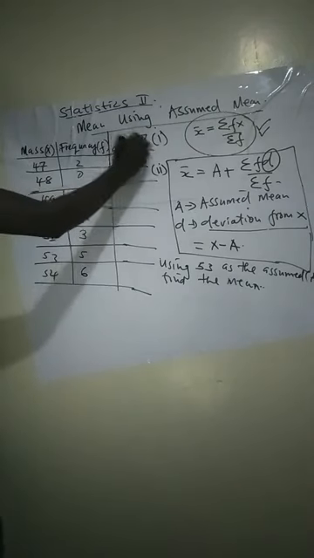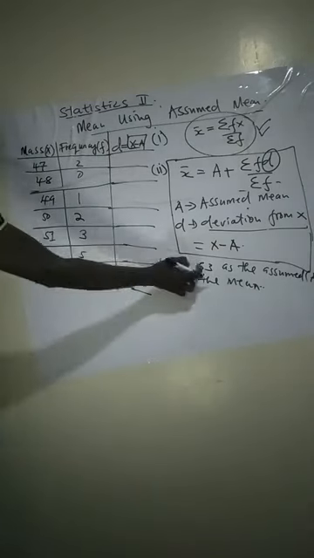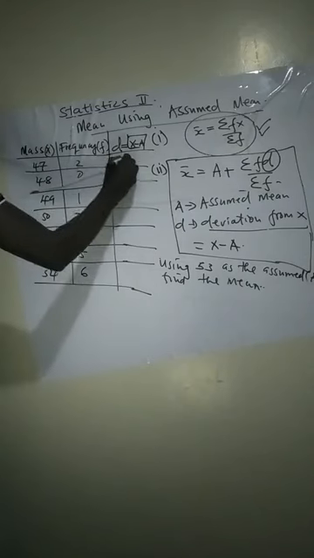So the first one is 47. X, because it's X minus A. Take note of that. So X is 47, the mass. So 47 minus the assumed mean 53. So 47 minus 53 is obviously negative 6.